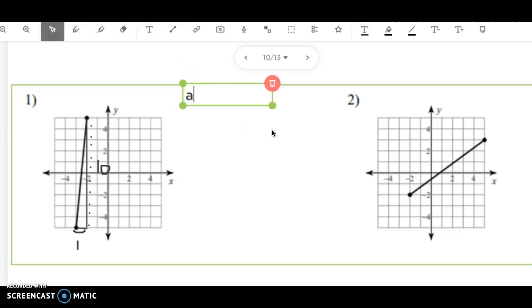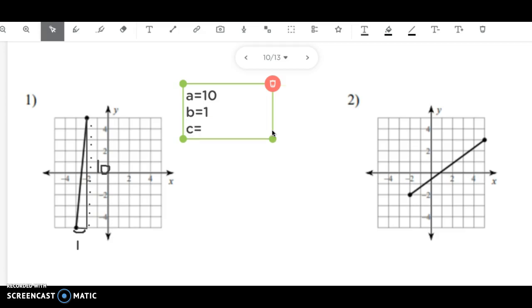So we know that A is 10, B is 1, and we're looking for C. And I told you guys, whenever we're finding distance, we're always going to be looking for C. So that will be A squared plus B squared equals C squared.